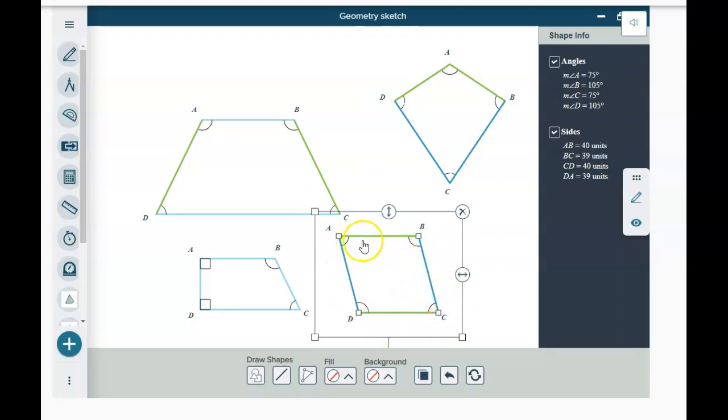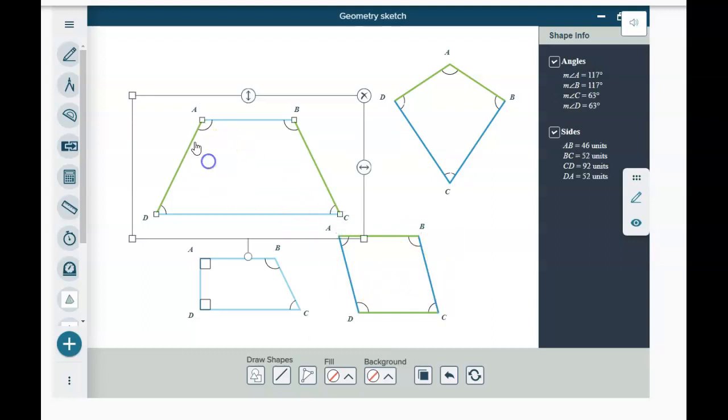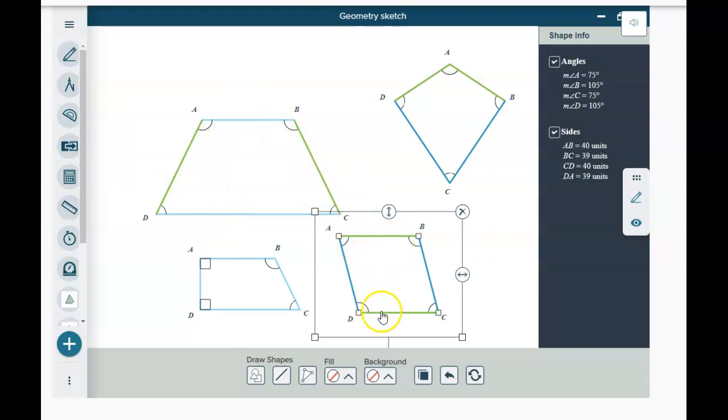It's still a trapezoid because the opposite sides are parallel. Now both opposite sides are parallel. Here, this trapezoid, if you notice, these two sides are not parallel. These two sides are parallel, but these two are not. Here, both sets of sides are parallel, so we have a parallelogram.